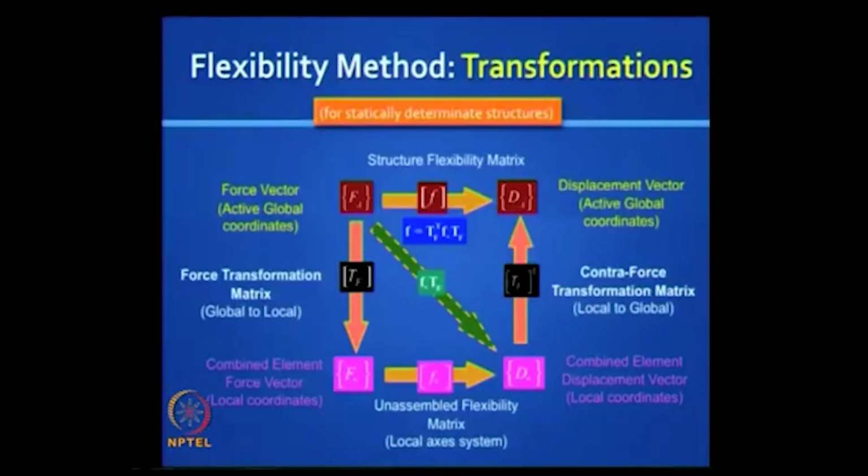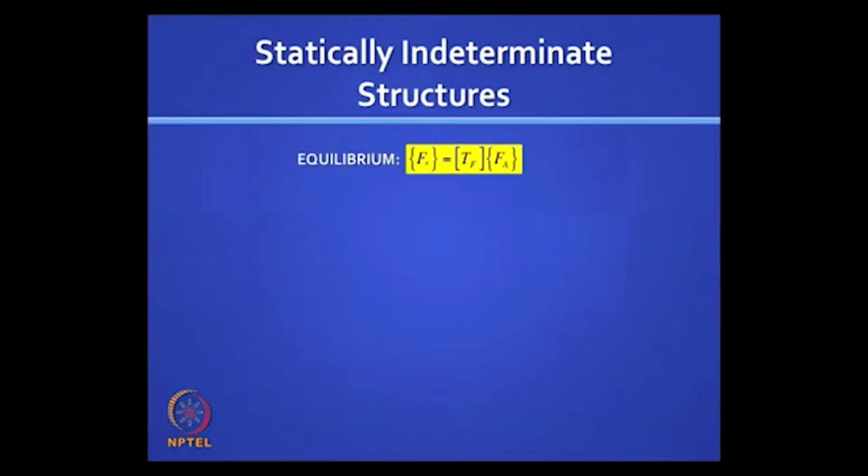If you take the diagonal it will flow this way, and if you take the shortcut it goes that way. That is your proof. TF transpose F star TF is your structure flexibility matrix. If you have got these matrices with you, you do not multiply those matrices, give the damn computer the job to do it, press the button, get your F matrix.